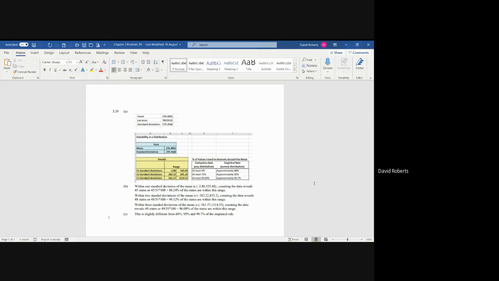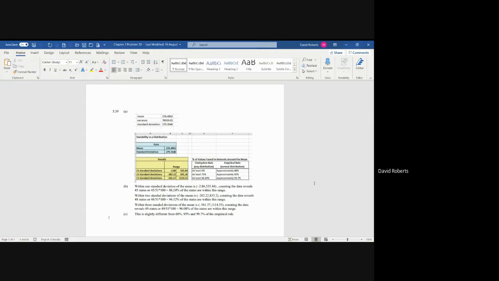So reading the data, you've got the mean, the variance, and the standard deviation. I'm going to show you in the Excel video how to calculate that. And then you take the mean, you subtract one standard deviation, which is 279.3546, and you get negative 2.86 for the lower part of one standard deviation, and you add the 279 to the 276, and you get the upper.